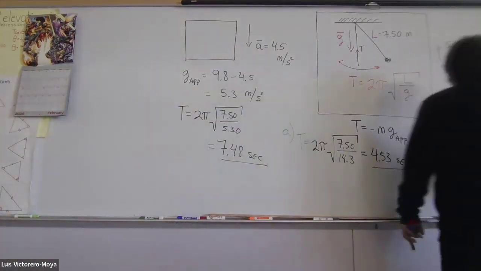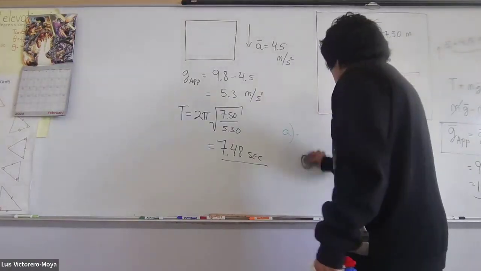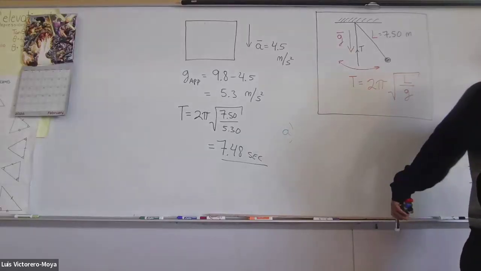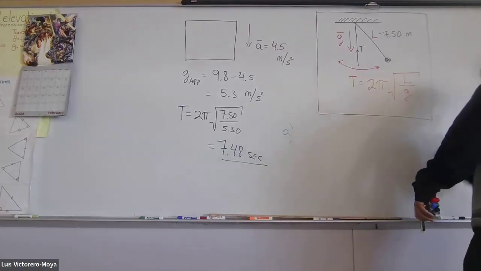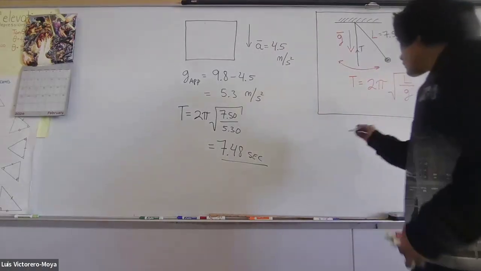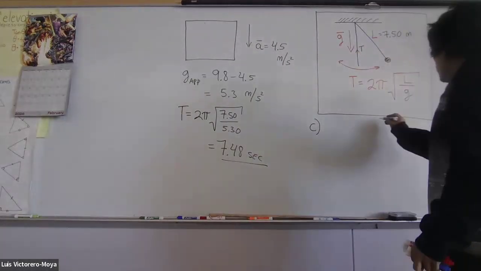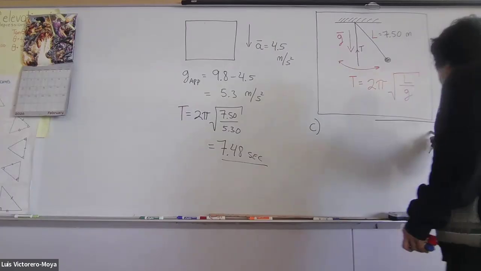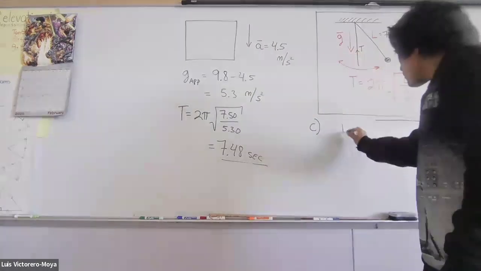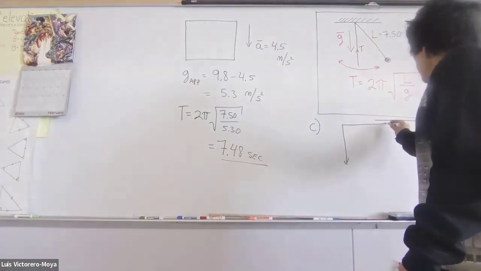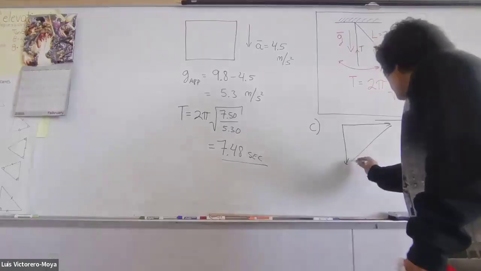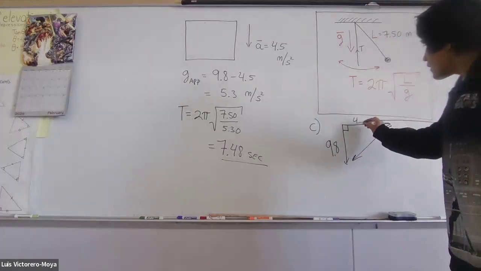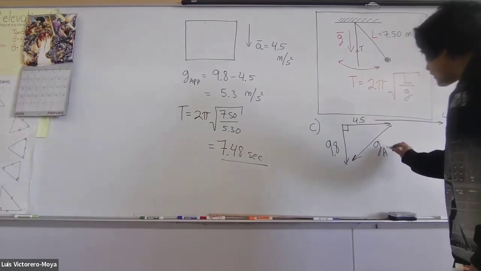So part C, if this is moving at 4.5, there is your g apparent now.